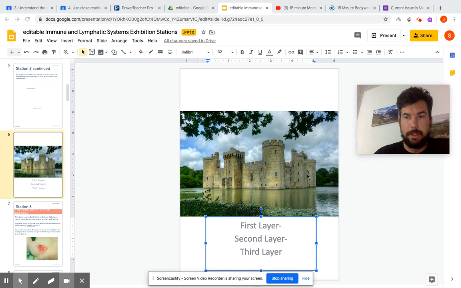I always like to think about it in terms of a castle. So here's a castle like this. How would you invade a castle? I'll just stop and let you think about that for a little bit. What were the medieval techniques that we used to invade a castle?